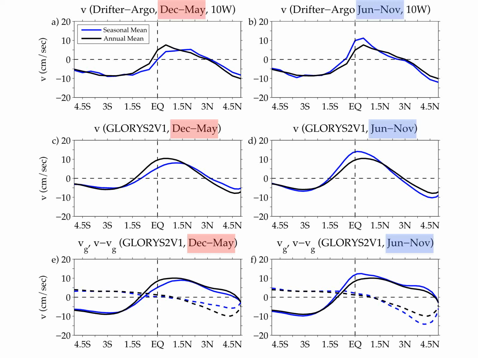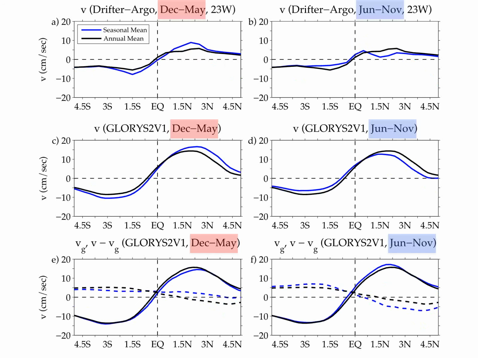And that's because at 10 West, the seasonal variations in the geostrophic component of the velocity are not very strong. There's not much difference between the geostrophic components between those two seasons. But there is a very strong seasonality in the ageostrophic component. So at 10 West, the winds win, and at 23 West, the geostrophic circulation wins in terms of the seasonality.